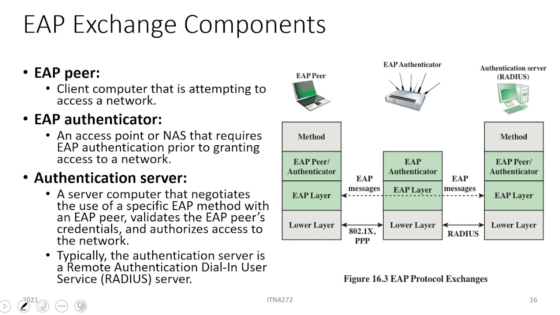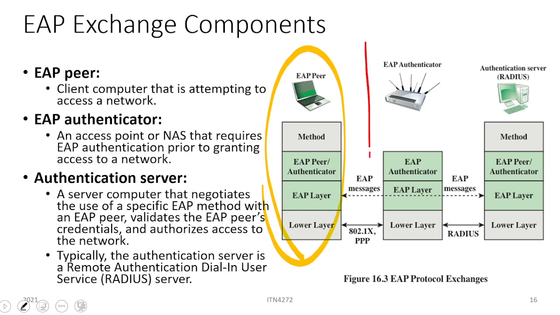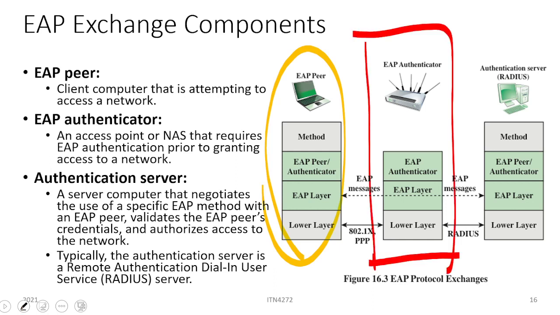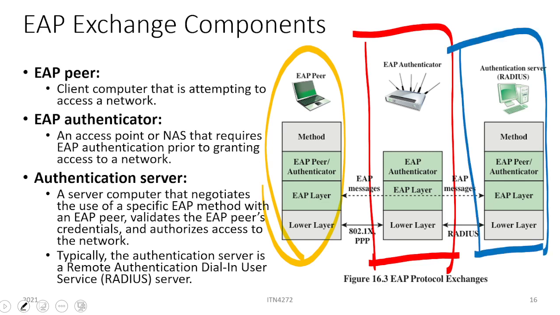That is the end device that is trying to connect to the network. Then we will have the authenticator, the device which we are going to get into. That is the one that is going to be the authentication layer. And then behind the organization, there will be some underlying authentication server. Again, it can be a RADIUS server or an LDAP server or something like that at the back.